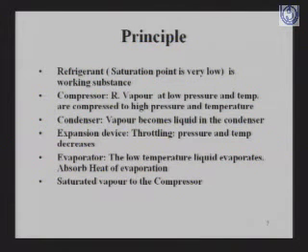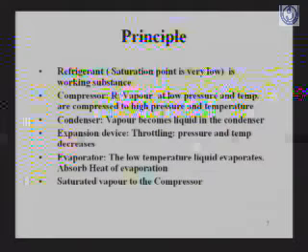The compressor compresses the refrigerant vapors at low pressure and temperature to high pressure and temperature. The third important component is the condenser, where the vapors are condensed into liquid. The expansion device reduces the pressure and throttles the vapors.